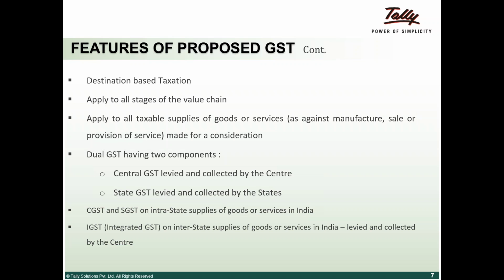If you've been observing what's happening, there is something called an empowered committee of ministers which has been created. Just to give you some background, we will run you through it in more detail, but since we're talking of states and center, there was a Constitution Amendment Bill that got passed recently.